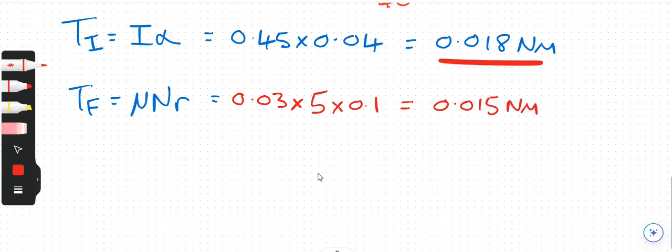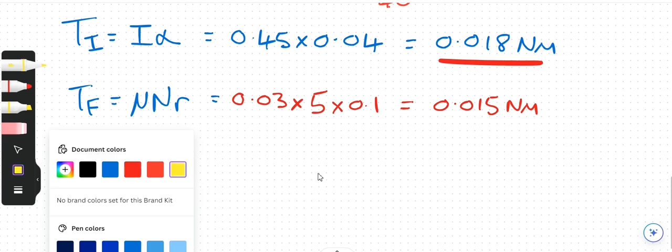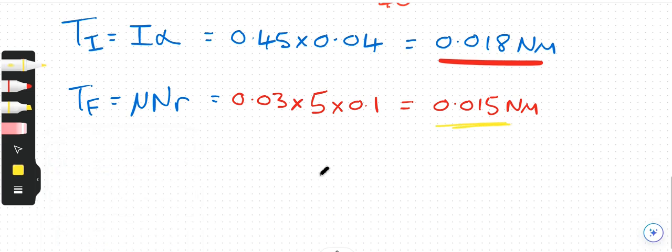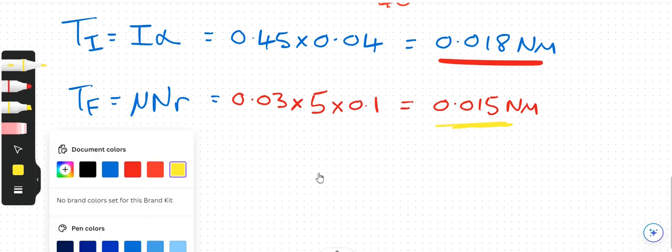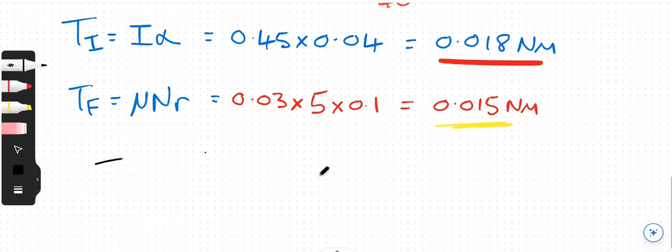That is the torque to overcome friction. So the total torque is just those two added together: that one, which we know because it's there, plus this one, 0.015.